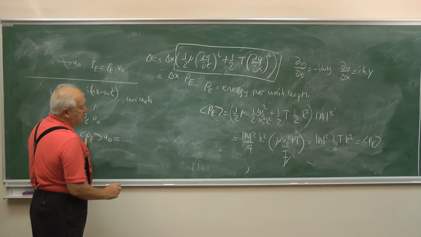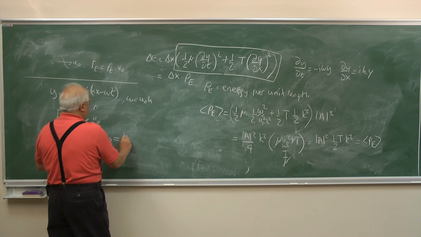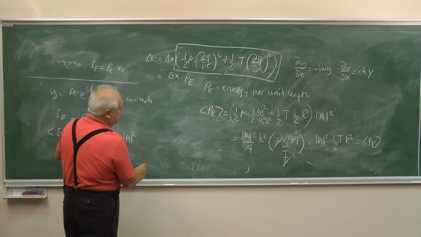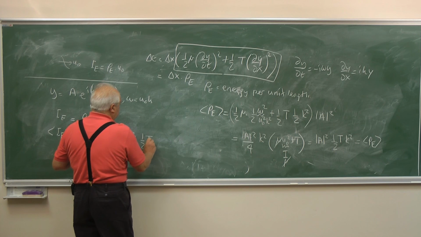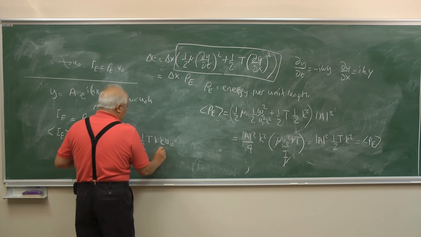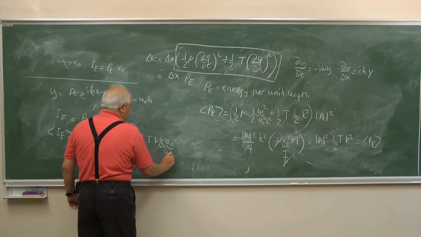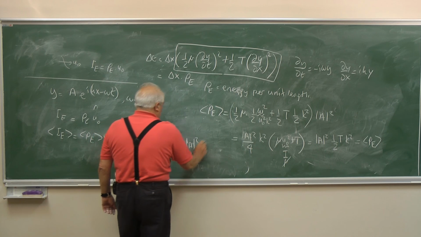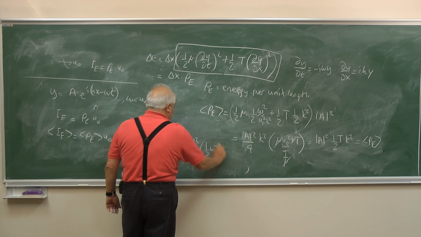So this is A² times 1/2 T k times k u0. k times u0 is ω. So it is A² times 1/2 ω T k.